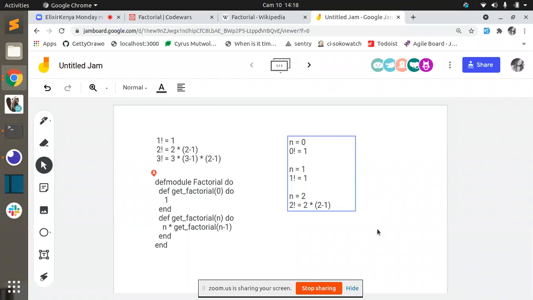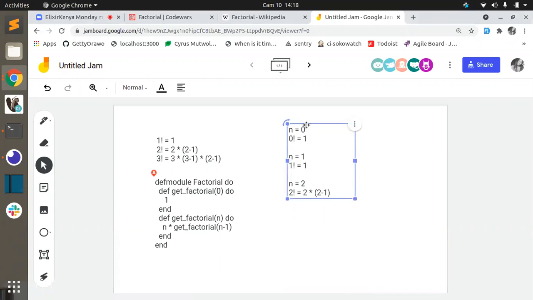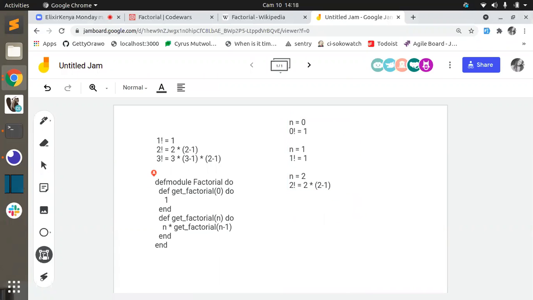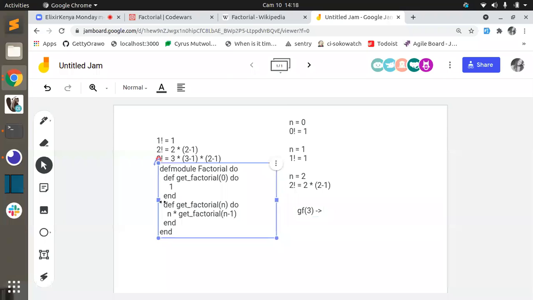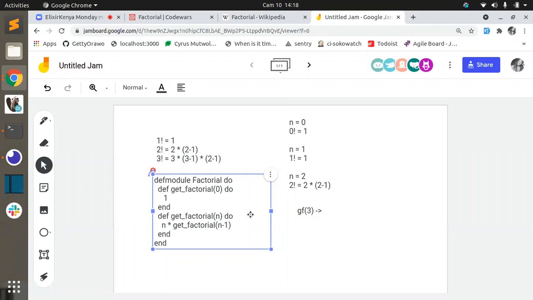All right, we could do a rerun of what it does in the background before we run it, right? Yeah, good idea. So we get an understanding. So on the very first iteration, we pass, I'm just going to abbreviate it to GF, that's the get factorial method. So we pass 3, right? Yeah. So what happens is it's going to match the second clause, which is get factorial that takes n and not 0, this one.